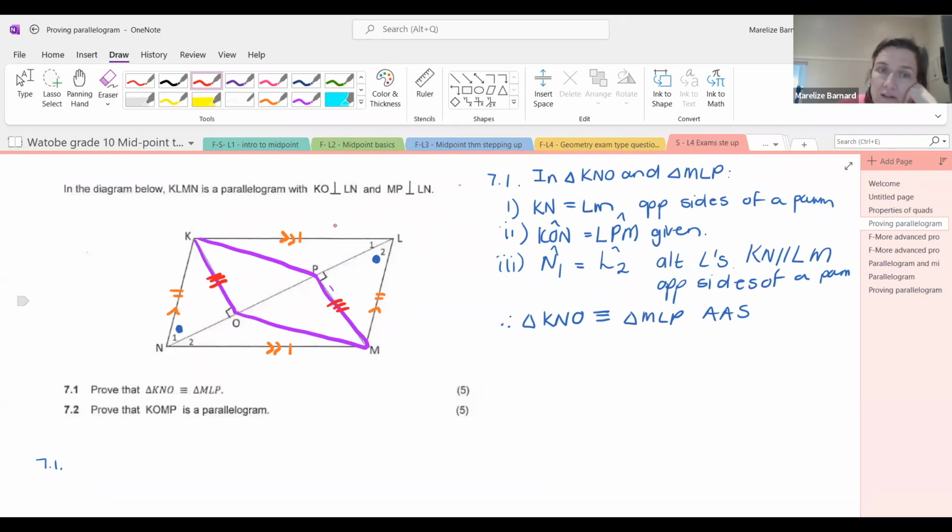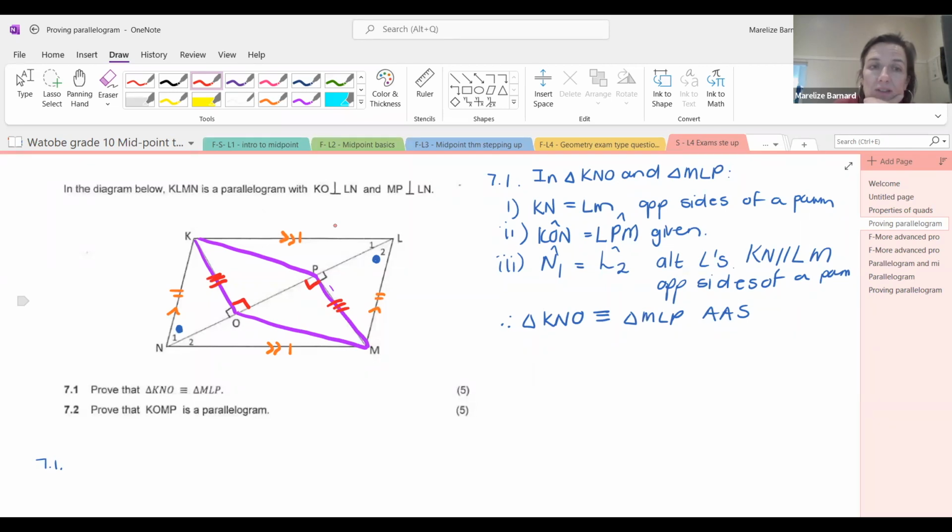And they are equal because of the congruency. And so we already have one pair of opposite sides equal. So can we make them parallel? Well, if you look at what was given, this angle here, KON, that will also be 90 because of the straight line. And this one will be 90 because of the straight line.